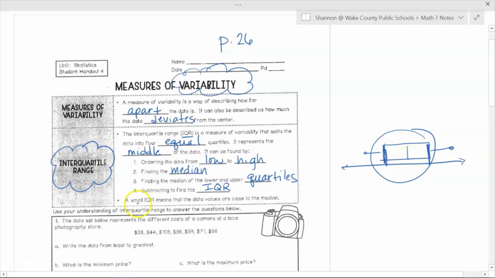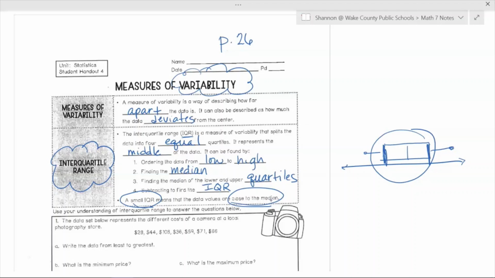So that's what an IQR does. Here's something important. A small IQR means the data is close to the median, and that's pretty important. In this case, small is usually better. You want a small IQR. That means all of your data is pretty similar to each other.